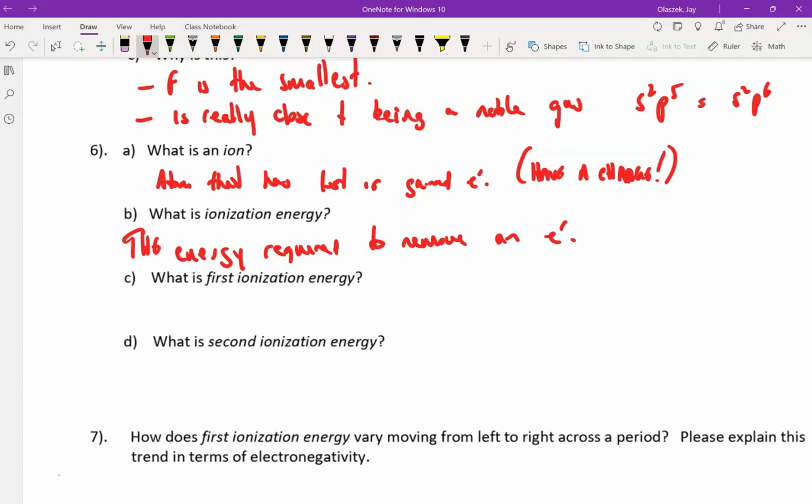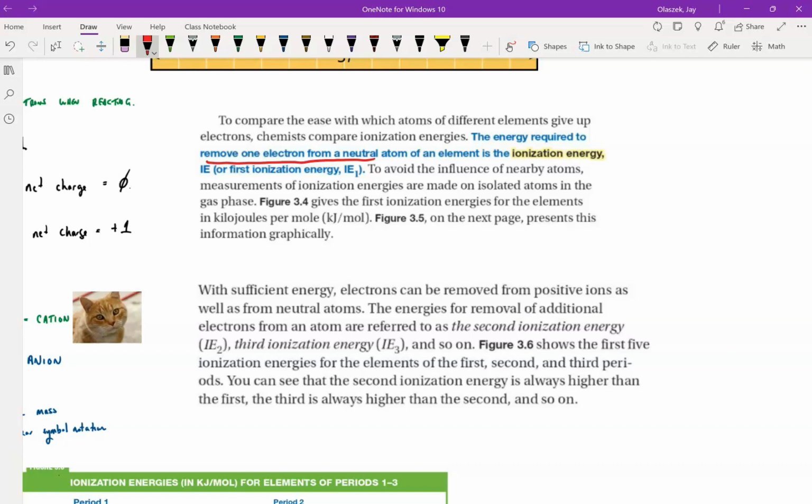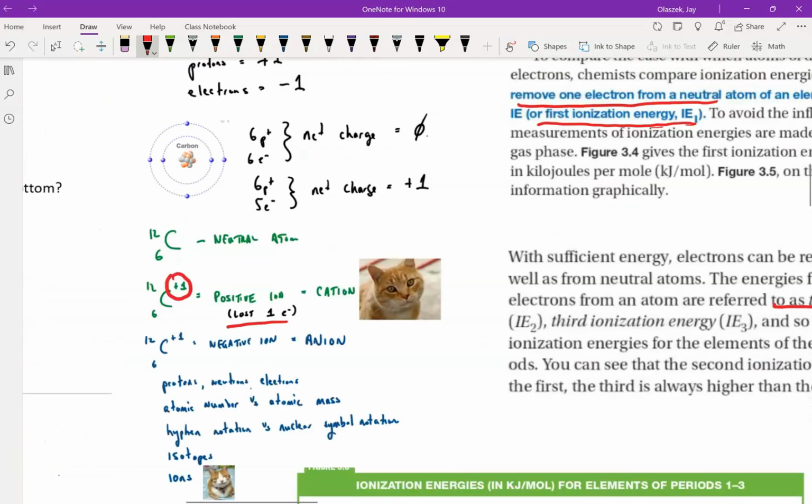And here are two terms, first ionization energy and second ionization energy. It says the amount of energy required to remove one electron would be the first ionization energy. Therefore, the amount of energy required to remove a second electron would be the second ionization energy.